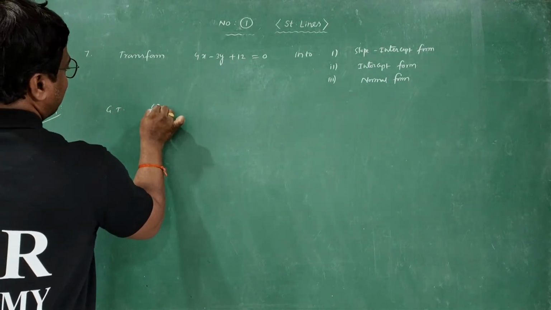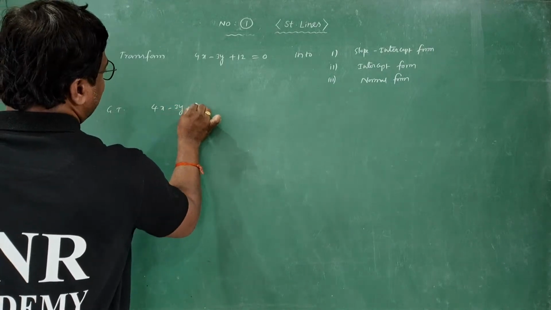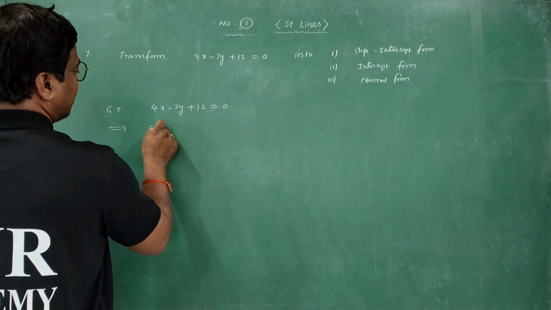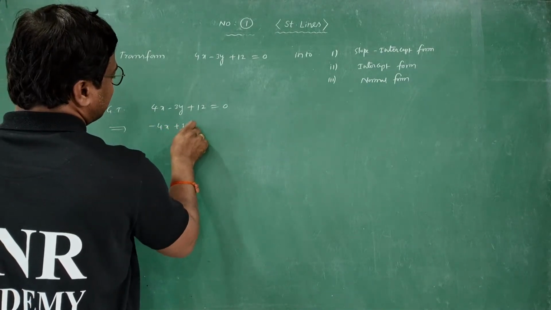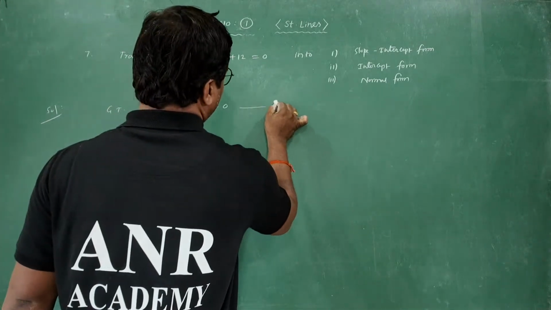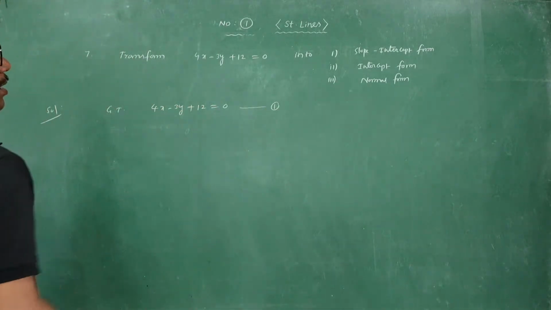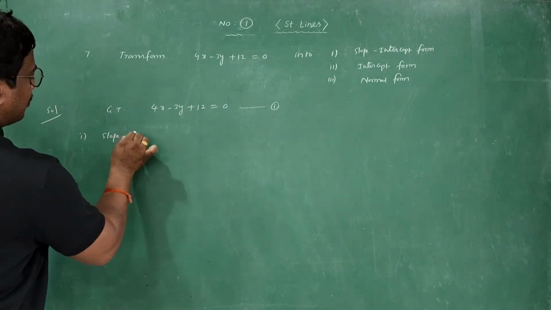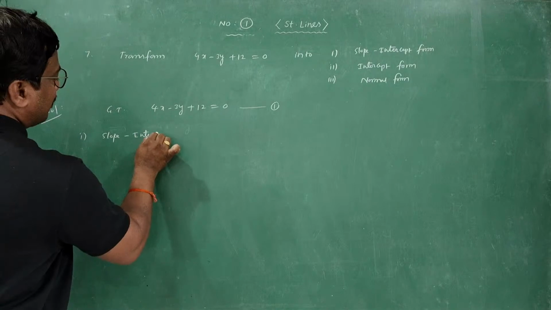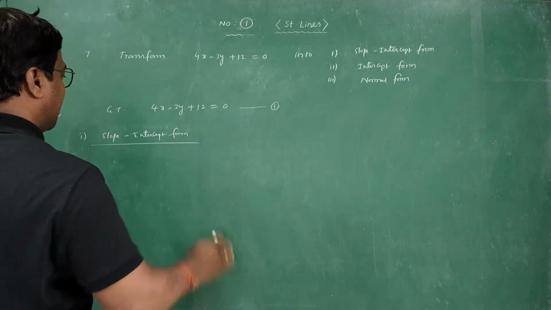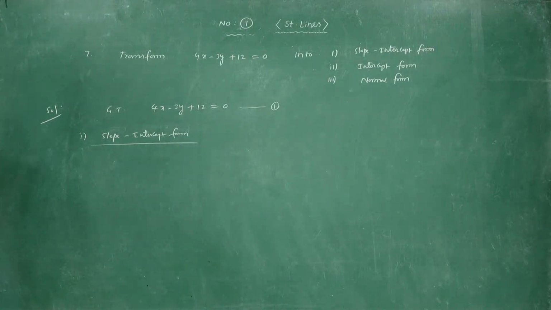First, given the equation 4x minus 3y plus 12 equal to 0. First write the given one. Let us move to the first one, slope intercept form. You know that the general equation of slope intercept form is y equal to mx plus c.